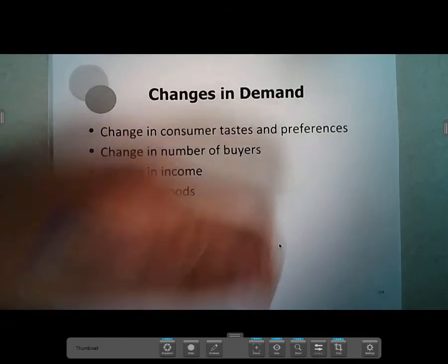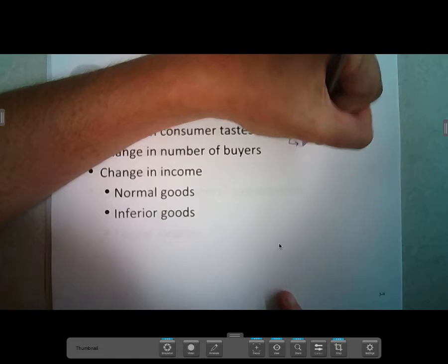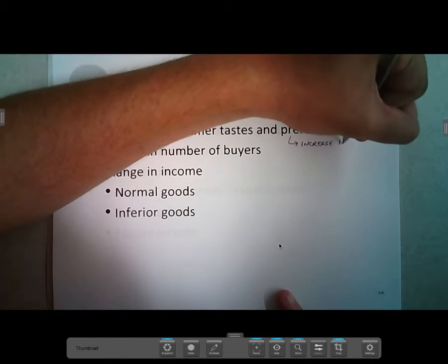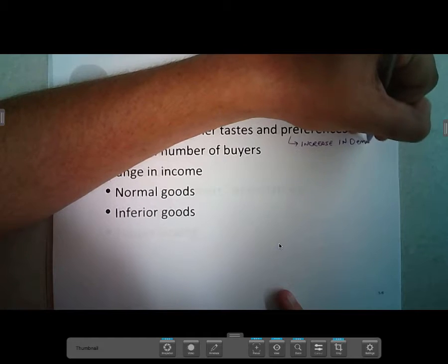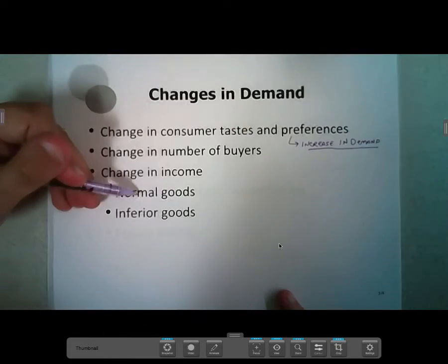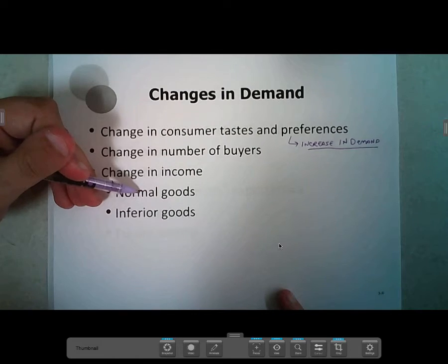So if I talk about what I would have to do to get an increase in demand, I'll write the increase for all of these; you can just do the opposite for the decrease.